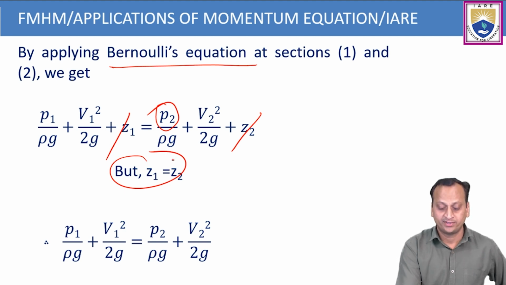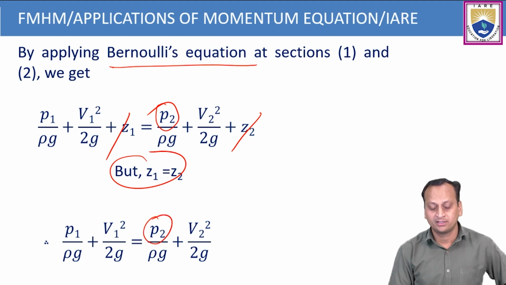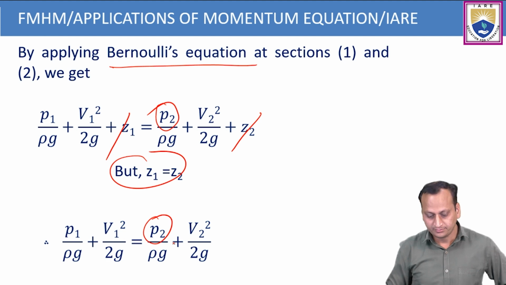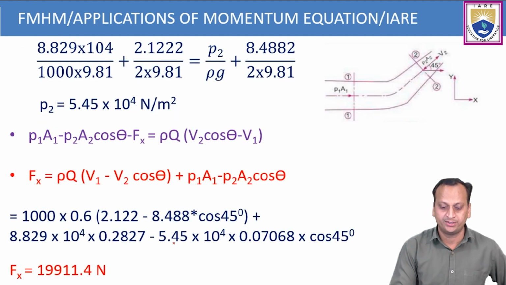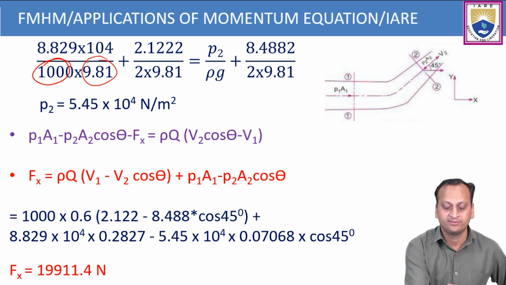So we need Bernoulli's equation in order to determine the pressure. Otherwise, there is no other alternative to calculate the pressure at section 2. So from this, we can calculate P2 as the remaining parameters are given. Rho, the density of water, is 1000 and g is 9.81.